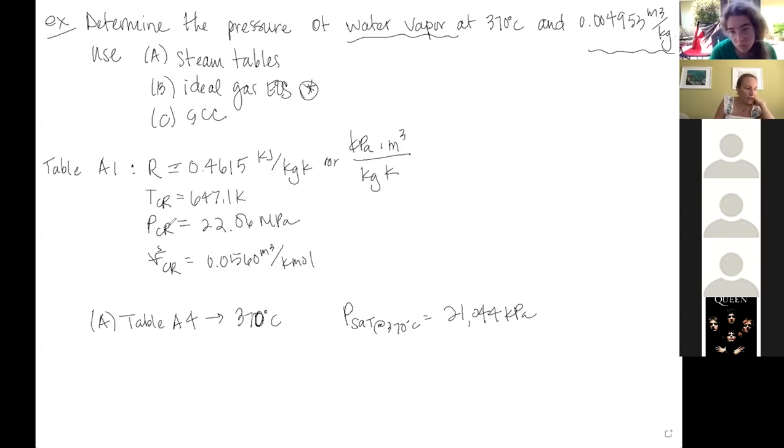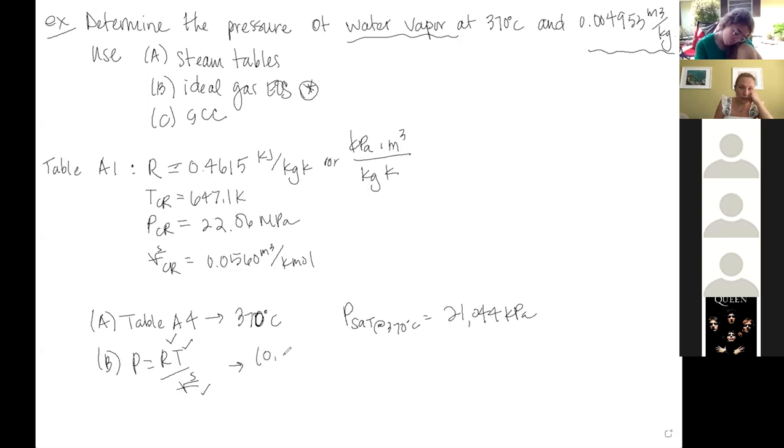All right, and then for part B, we're going to use the ideal gas equation of state. So this is where P times specific volume equals RT, or pressure equals RT over specific volume. And we know R, we know T, and we know specific volume, so we're able to just plug and chug here.